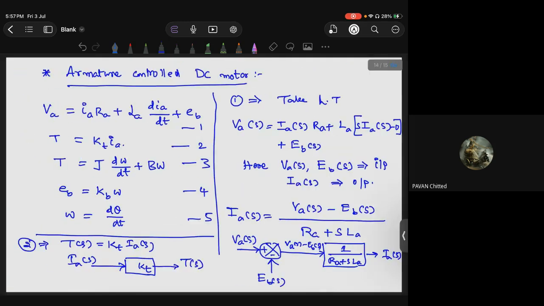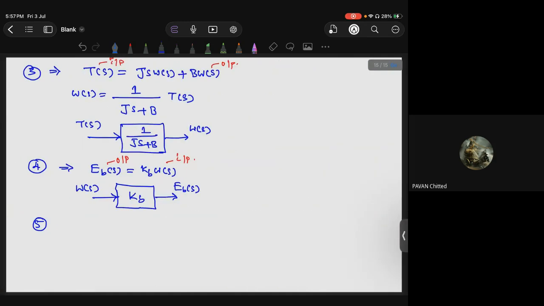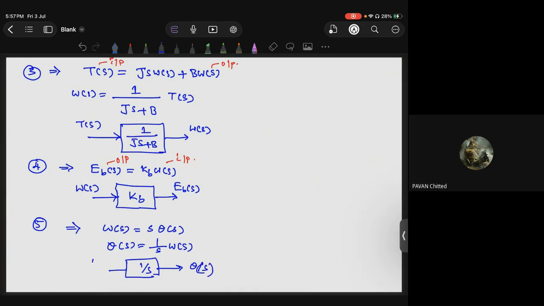Next, the fifth one is omega equal to d theta by dt, so omega of S equals S theta of S. Then theta of S is 1 by S times omega of S. Clear?